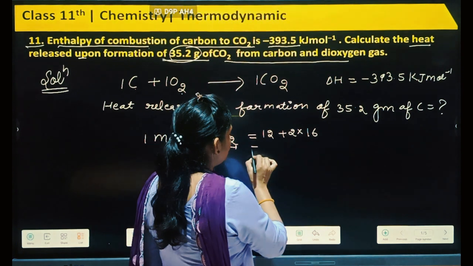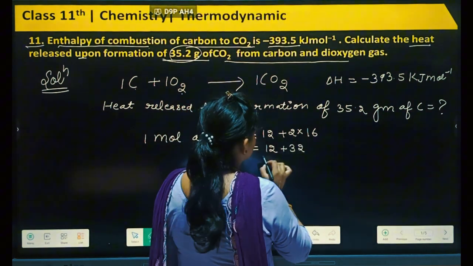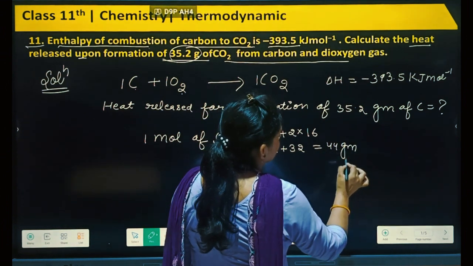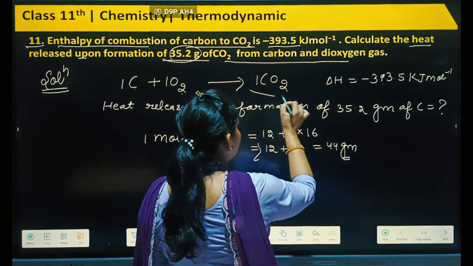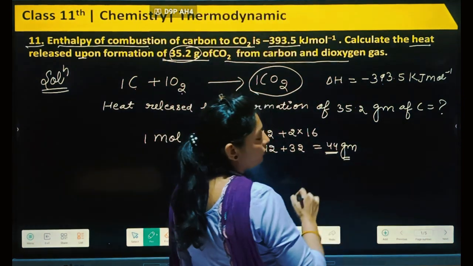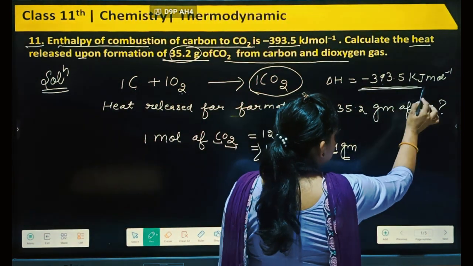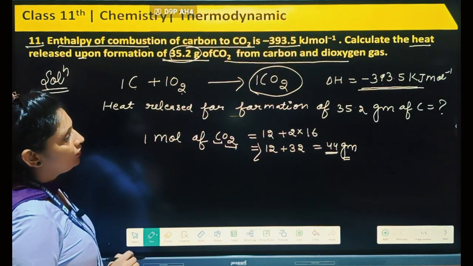So this is 12 plus 2 into 16, which is 32, equal to 44 gram. Students, this heat is released during formation of 1 mole of CO2, and 1 mole is equal to 44 gram, means this heat is released for formation of 44 gram of carbon dioxide.